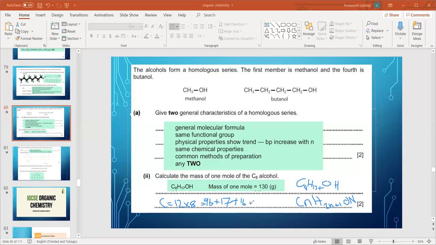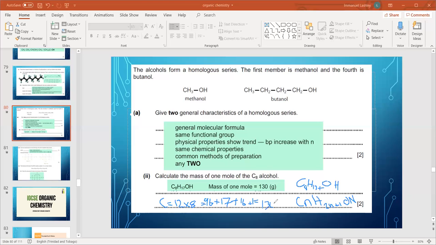Plus a hydrogen, which is 1. All right, so 96 and 10 is 106. 106 plus 10 is 116. 116 plus 6 is 122. 122 and 1 is 123 plus 7 is 130.